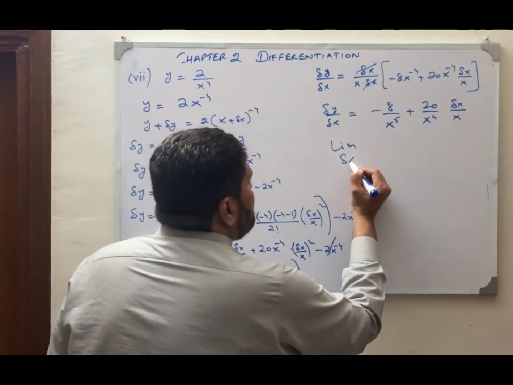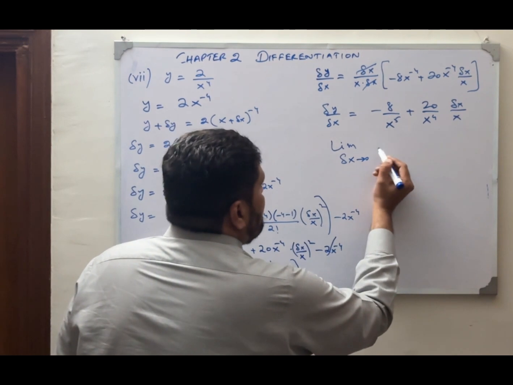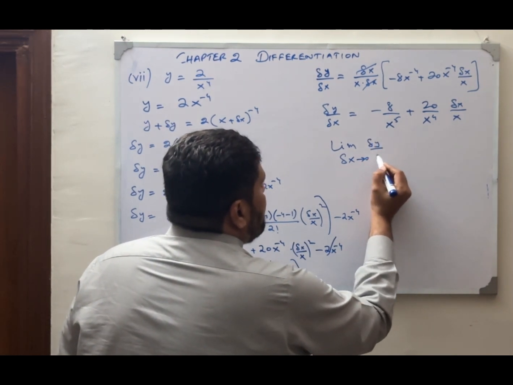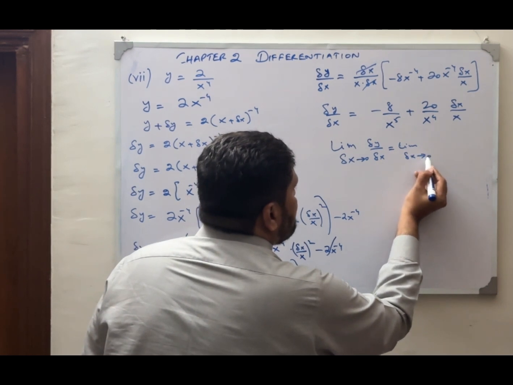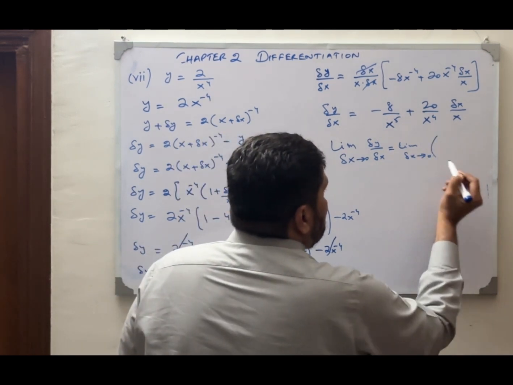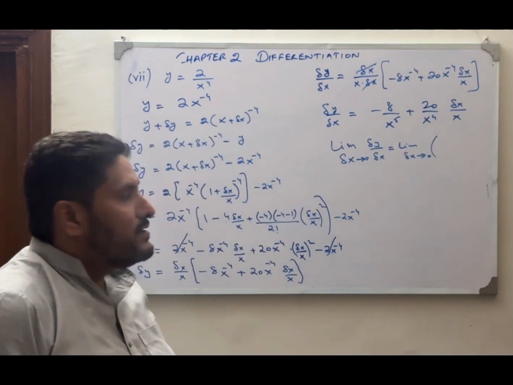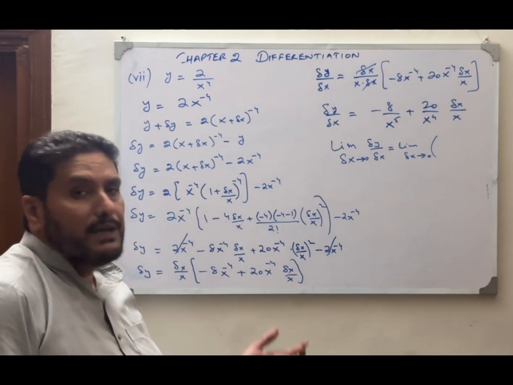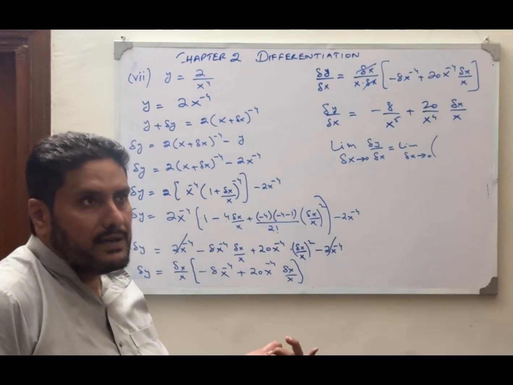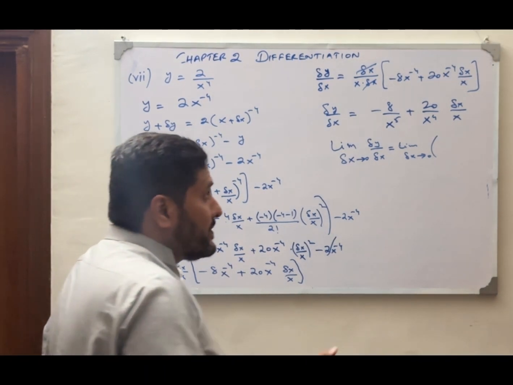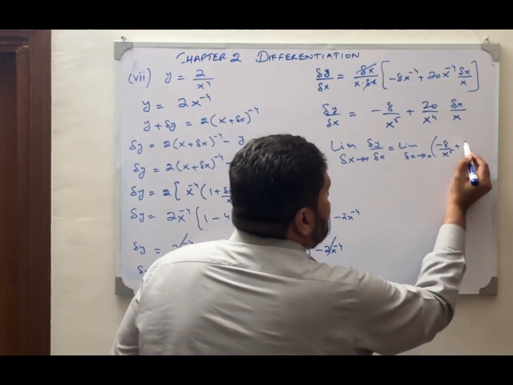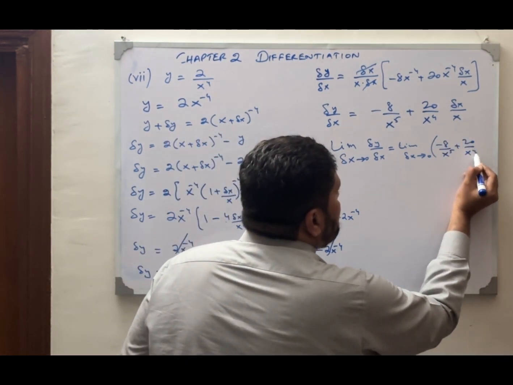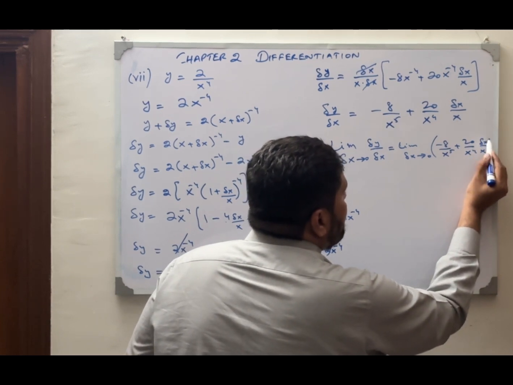So limit delta x approaches 0, delta y by delta x, is equal to limit delta x approaches 0. I am writing directly as a whole term, not applying limit individually. You can apply limit individually and then both will give the same result. So minus 8 by x5 plus 20 by x4 delta x by x.